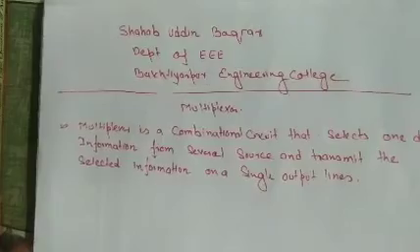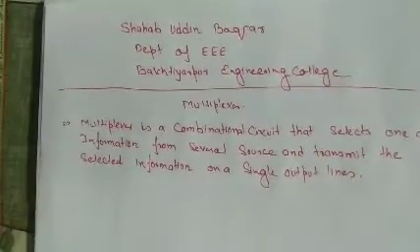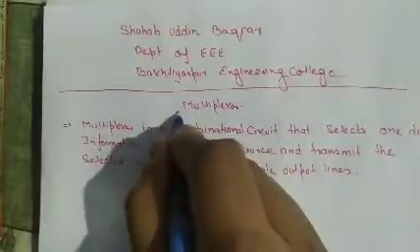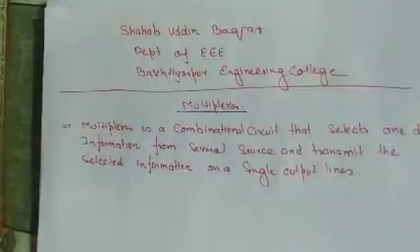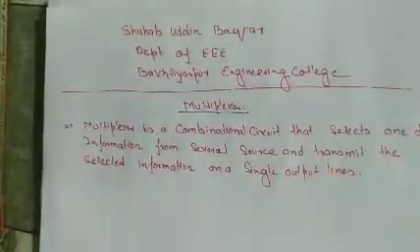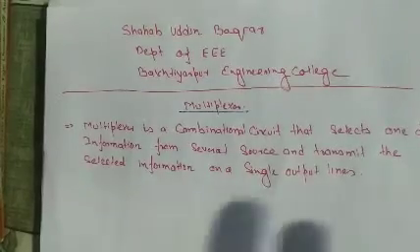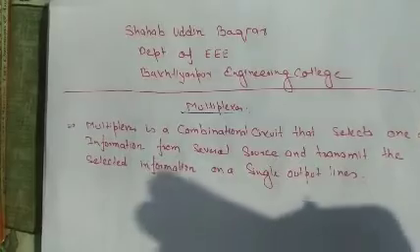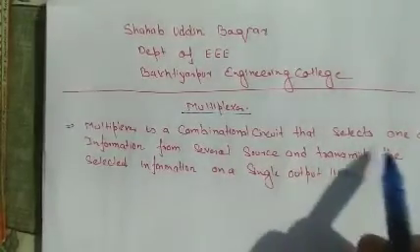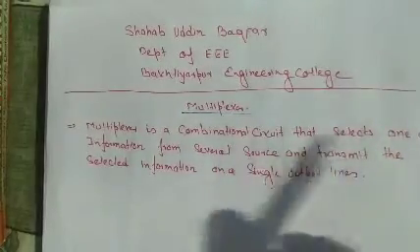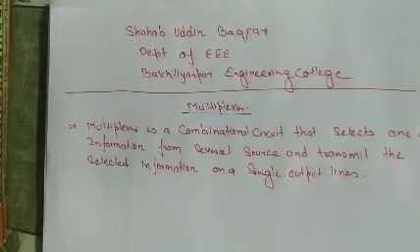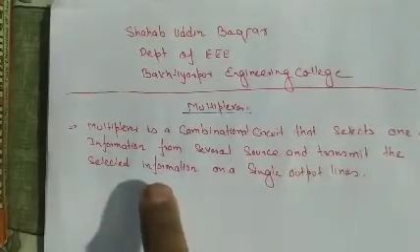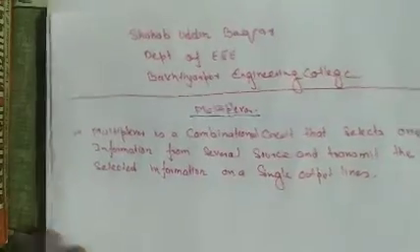So today I am going to discuss multiplexer. Multiplexer is a combinational circuit. Basically, it has more than one input and only one output, so that it selects one digital information from several sources and transmits the selected information on a single output line.